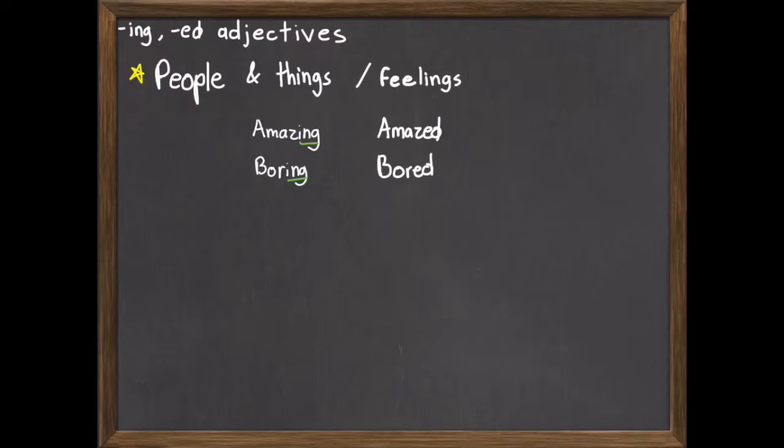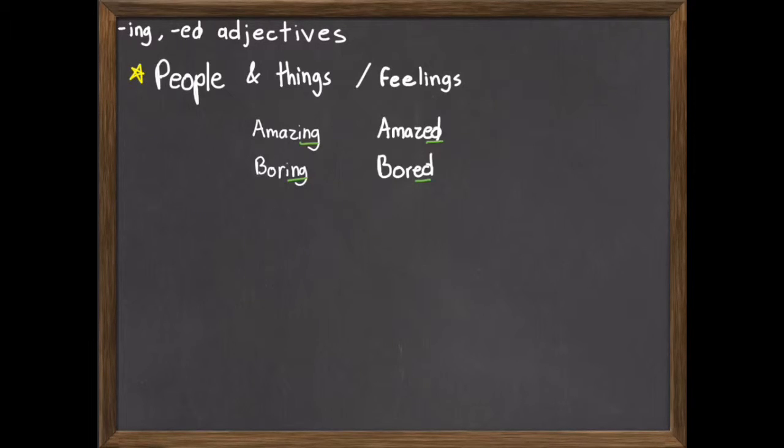When they describe feelings, you end it in -ed, amazed and bored. For example, when you go to a theme park, an amazing theme park, you could be amazed by the different attractions.